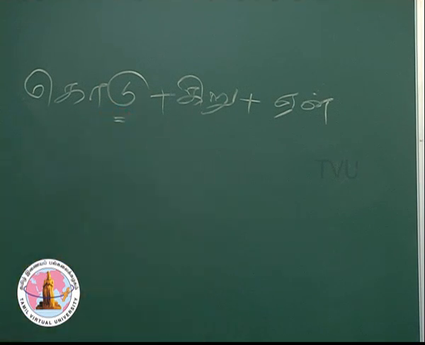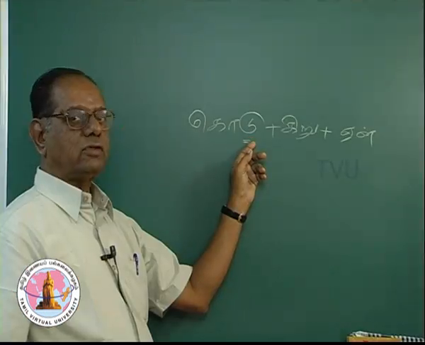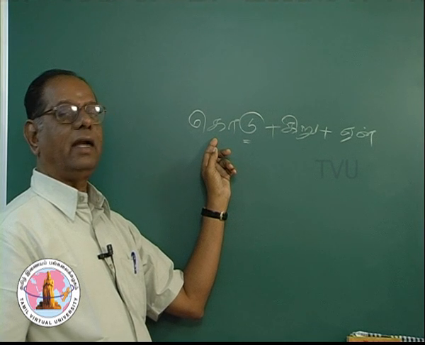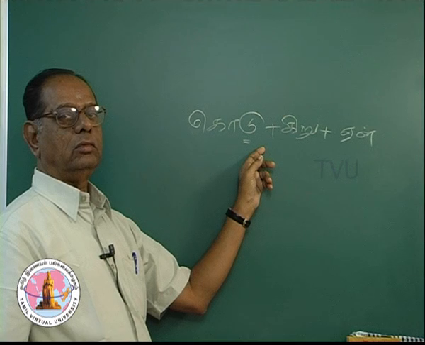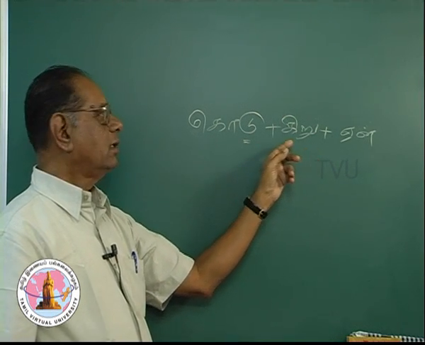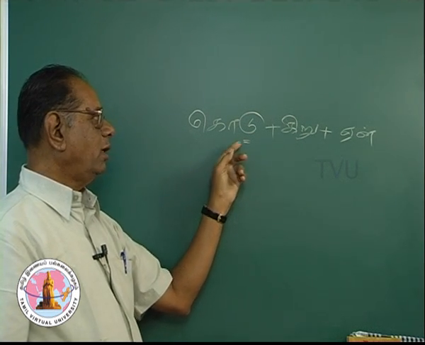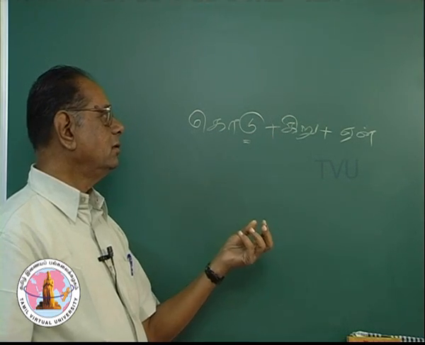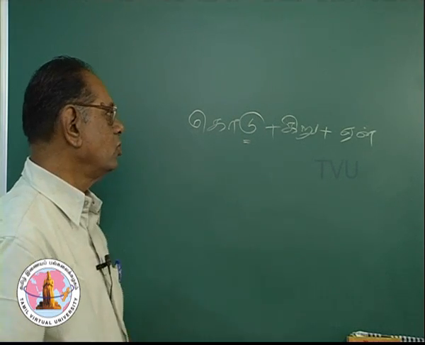This du assumes a soft sound because of the preceding letter. So this becomes kodu, and then you have kiru. Ka is a hard sound. So naturally you must have some other element to connect these two, hard and soft sounds.